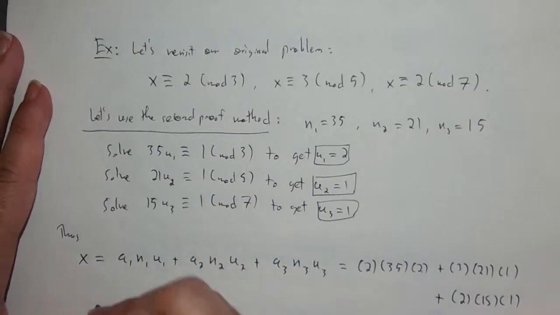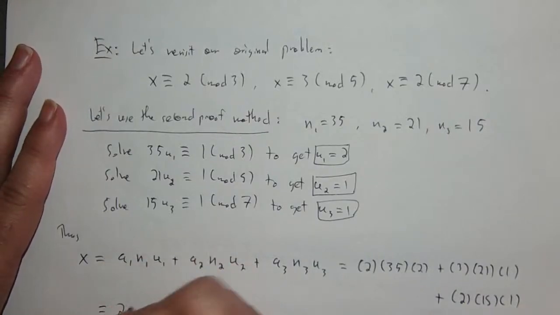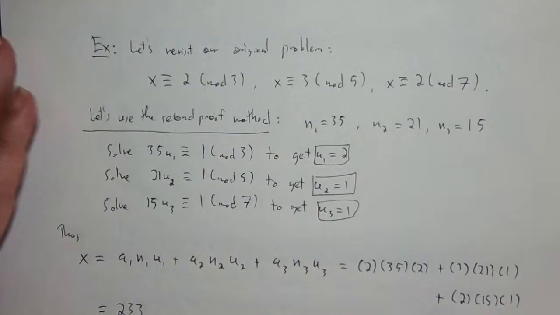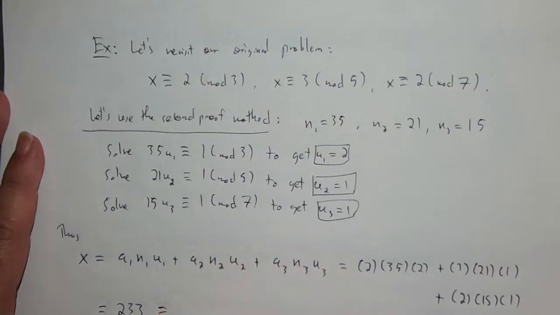So putting it all together, this is 233, but I look at that mod 3 times 5 times 7, which is 105. So that is congruent to 23 mod 105.